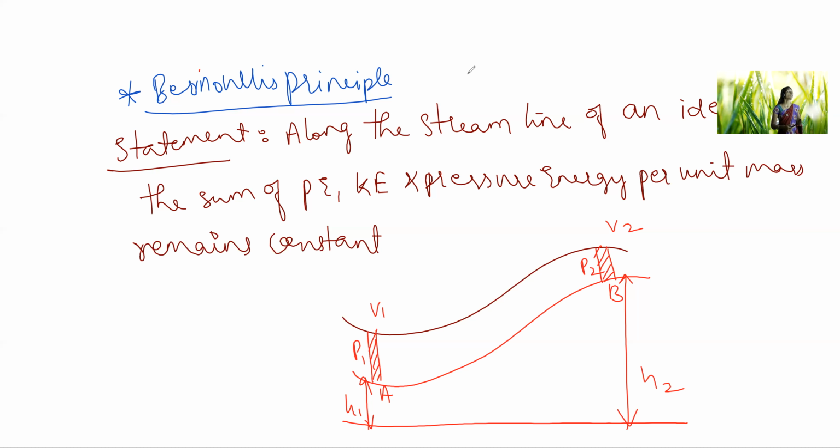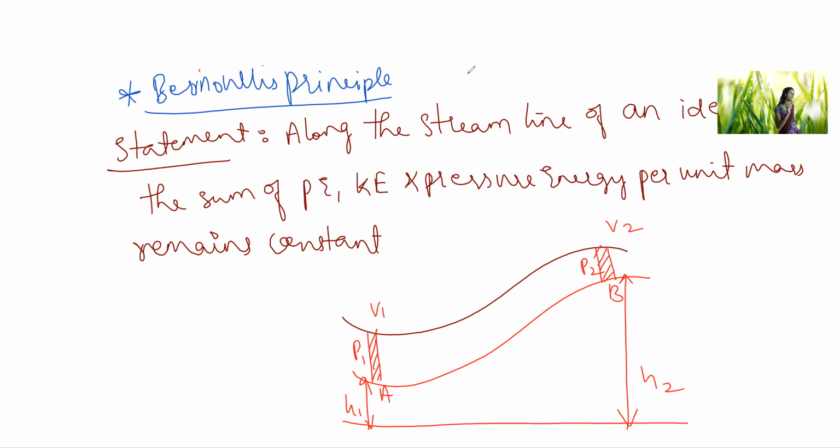Let us derive an expression. In order to show Bernoulli's principle, along the streamlined flow of the ideal fluid, the sum of potential energy, kinetic energy, and pressure energy per unit mass remains constant. In order to explain that, we are going to do a derivation.